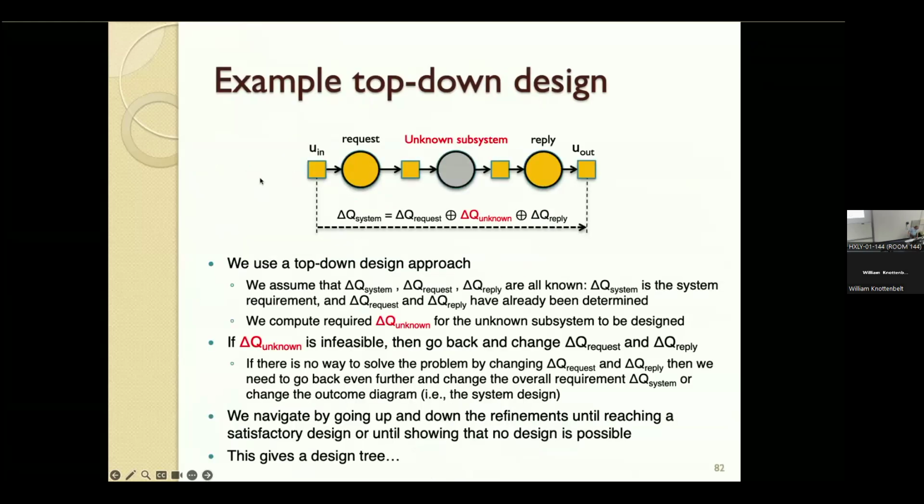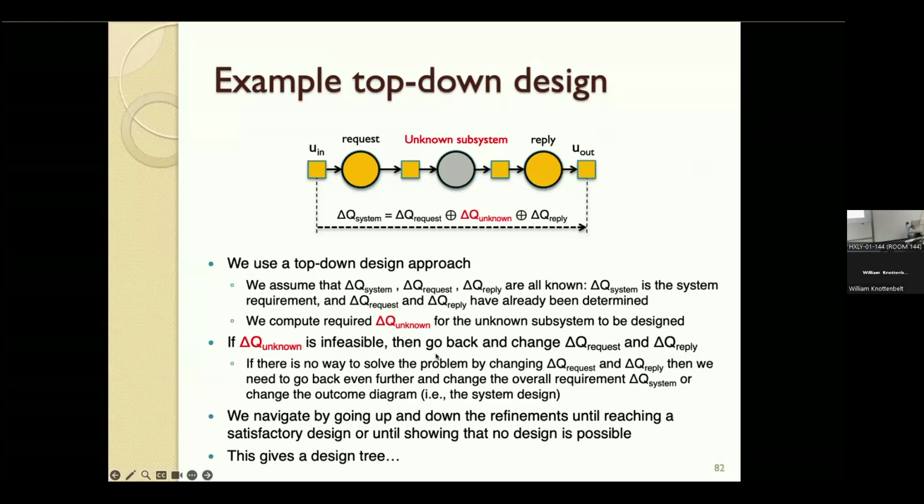So here's how it works. It's a top-down approach. Assume we know the delta Q of the overall system, the delta Q of the request, and the delta Q of the reply, but we have this unknown subsystem that we have not yet designed. We can compute the constraints on this red delta Q unknown. If it's infeasible, then we know we have done something wrong.